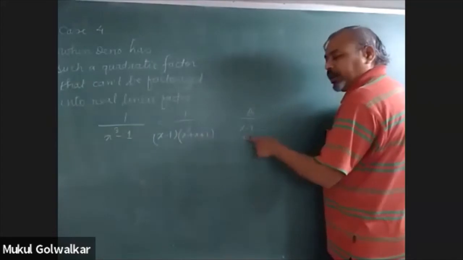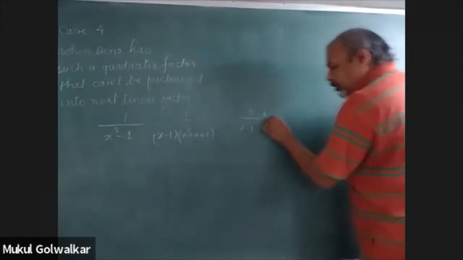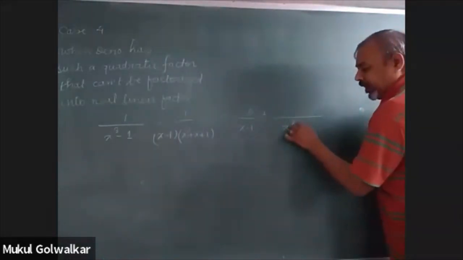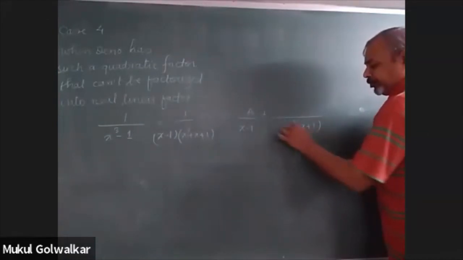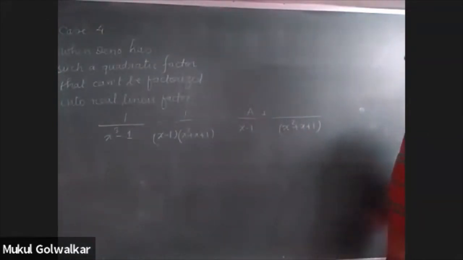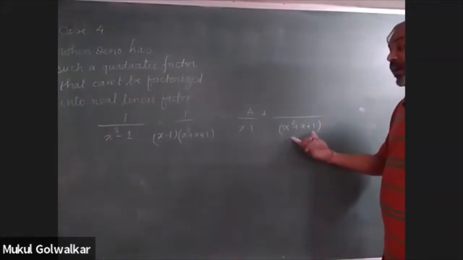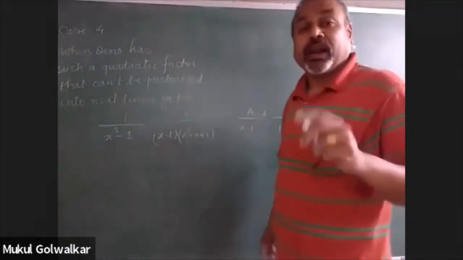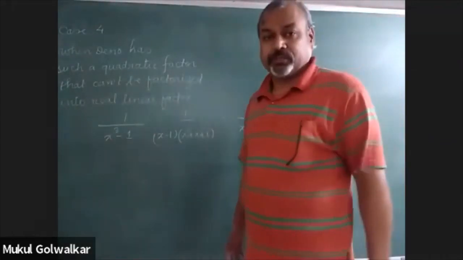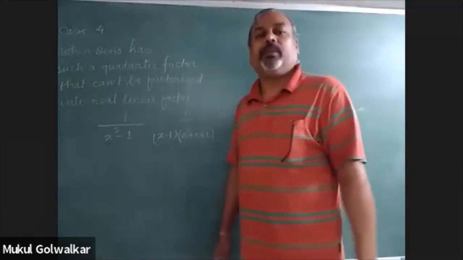So we write A upon x minus 1. And for this quadratic factor, x square plus x plus 1, what should we write? This is a quadratic, so in the numerator we should try to write a linear expression. This is the fact we have to keep in mind.